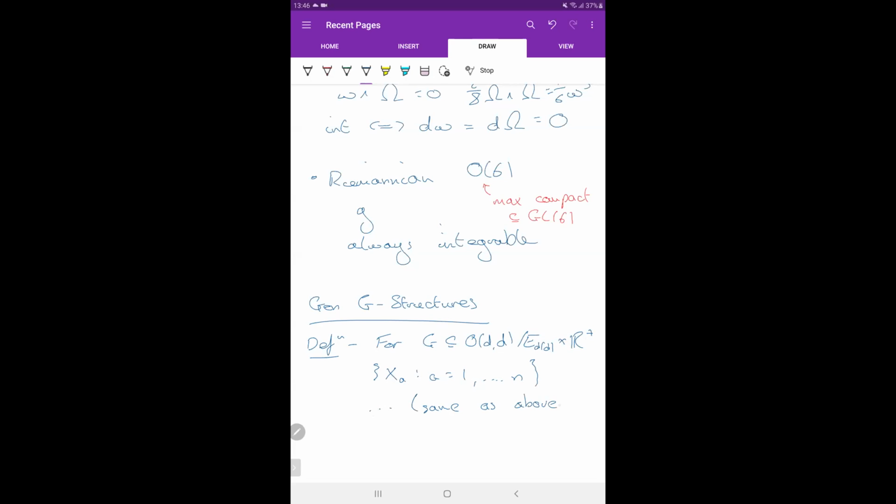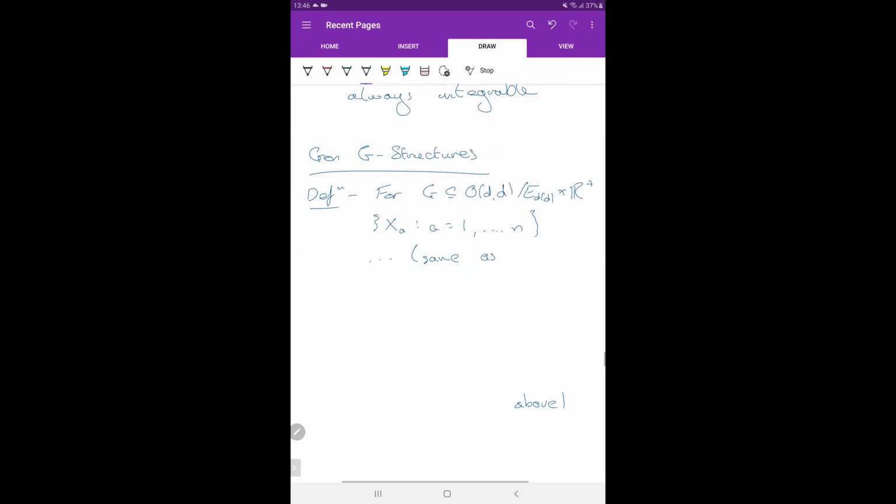And we can define integrability. Again, there's a notion of a generalized connection and generalized torsion, which I don't have time to go into, but it's integrable if and only if there exists a torsion-free generalized connection compatible with the XA.